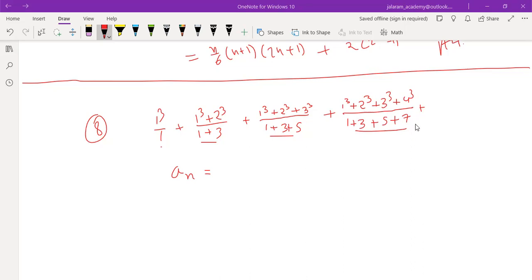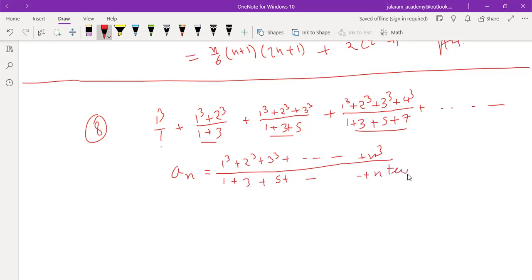So if you want to find the nth term, in that there will be sum of first n natural numbers' cubes till n cube, over the denominator, which is the sum of first n odd numbers, till n terms we must write.